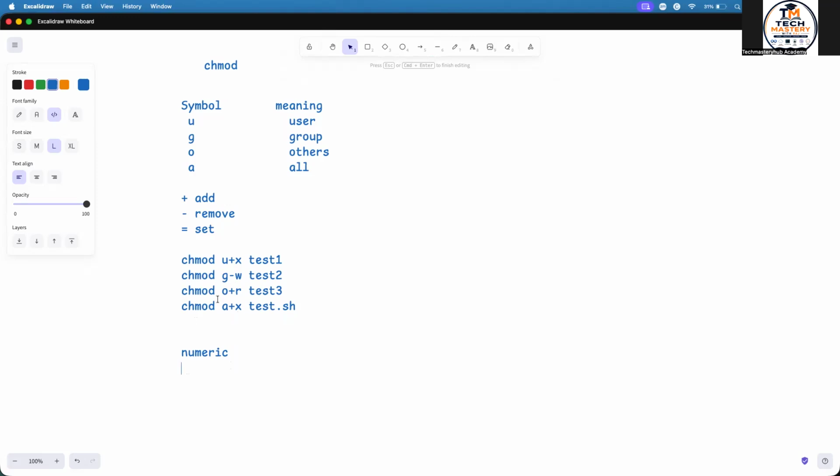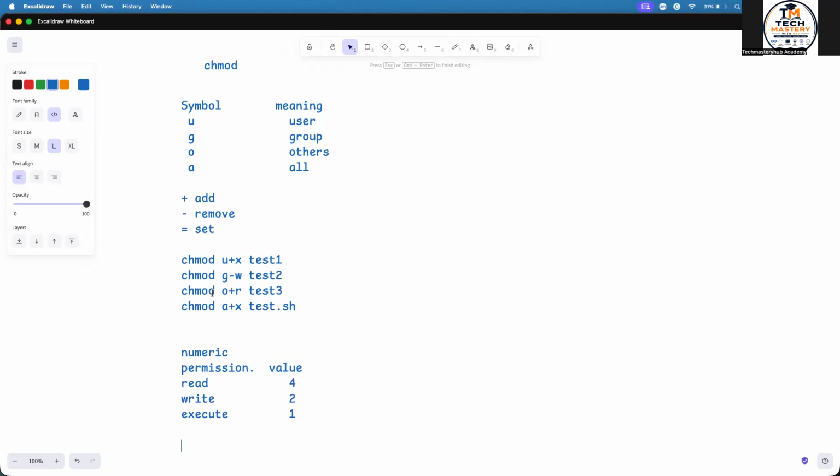In numeric, what is the permission and value? If you want to grant the read permission, the value will be 4. If you want to grant the write permission, the value will be 2. And if you want to grant the execute permission, the value will be 1.